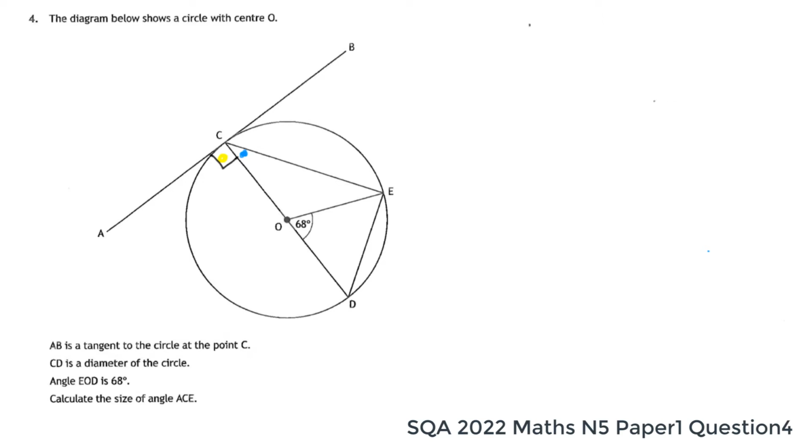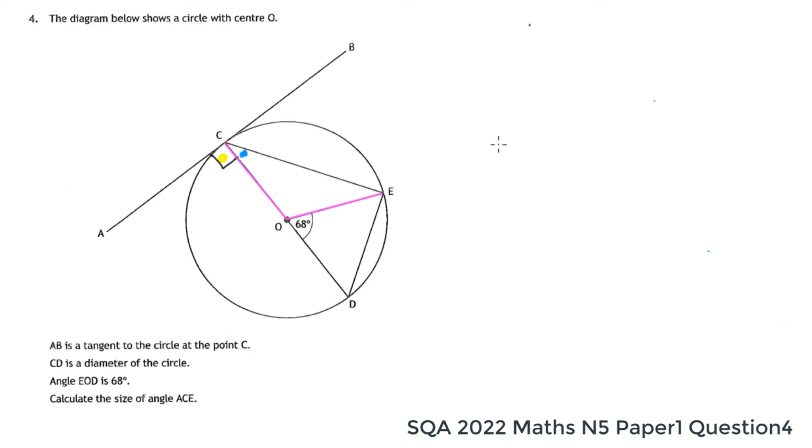Let's have a look at the blue part of the angle. Now it sits in this triangle OCE. Now it's not any old triangle. It's a very special triangle because one vertex is at this origin, the centre of the circle, and it consists of two radii. The side OC is a radius, it goes from the centre out to the circumference, and OE is also a radius, it goes from the centre out to the circumference. So let's just highlight that.